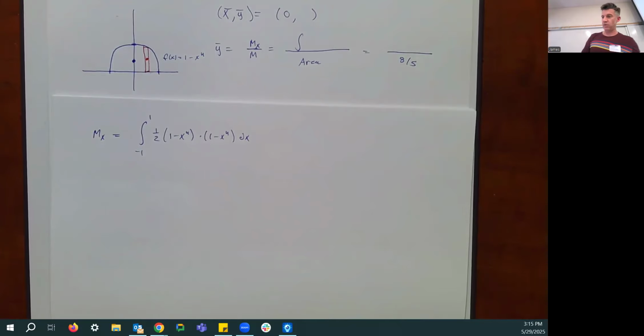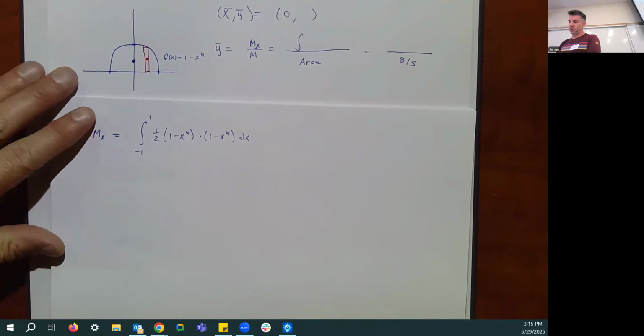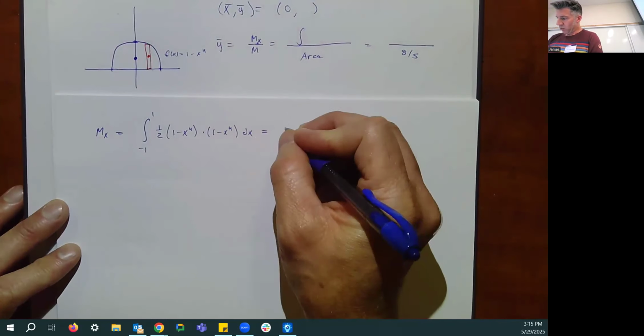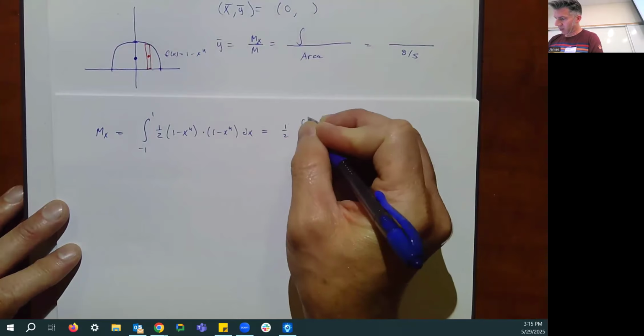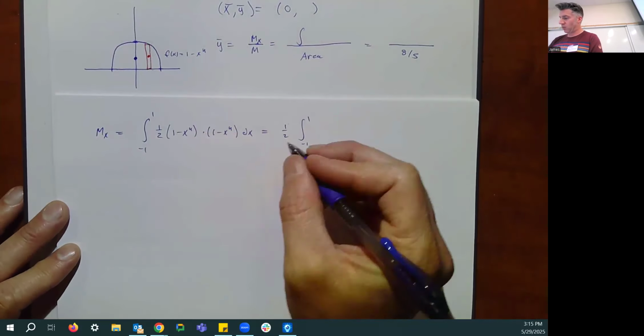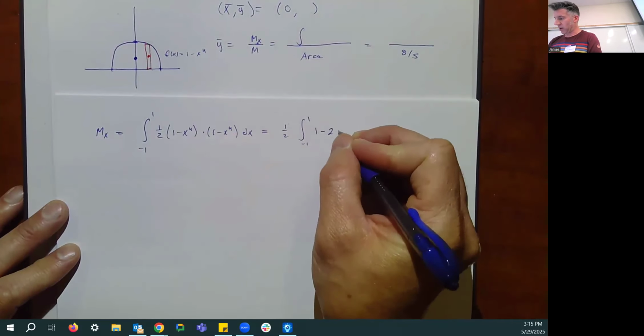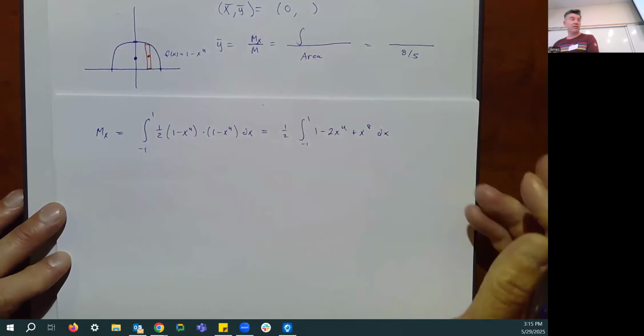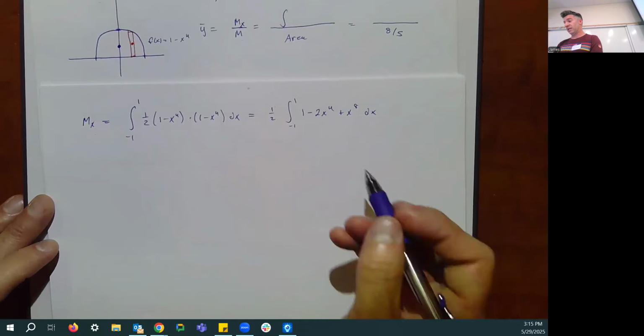So those of you just joining us, we're talking about one of the exam problems from Babson's test yesterday. So this is going to end up being 1/2 the integral from -1 to 1. I'm going to multiply this out and get 1 minus 2x to the 4th plus x to the 8th. I'm going to do the usual trick of that's an even function.